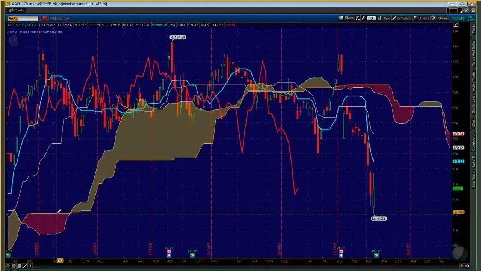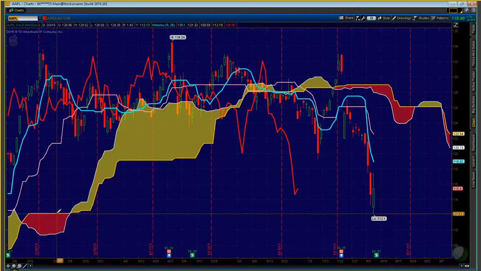If we look way back here, see where span B is on this leading Kumo, if you can find correlations, it came right down to that exact level, 112.13, and it says it's 112.19, but that's a pretty good support area.